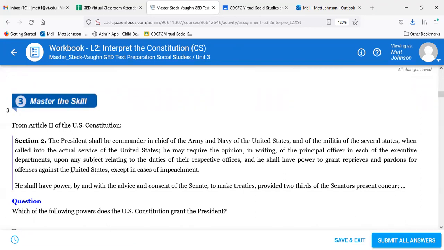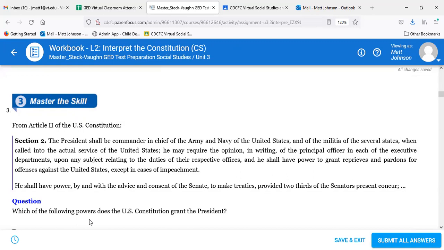Okay, so moving on here. We'll get into Article 2 of the U.S. Constitution. Section 2: The president shall be commander-in-chief of the Army and Navy of the United States and of the militia of the several states when called into the actual service of the states. He may require the opinion in writing of the principal officer in each of the executive departments upon any subject relating to the duties of their respective offices.